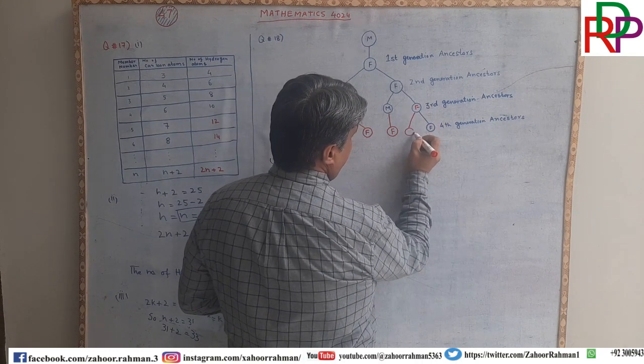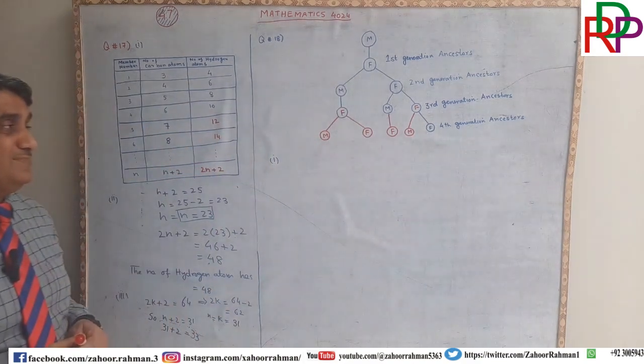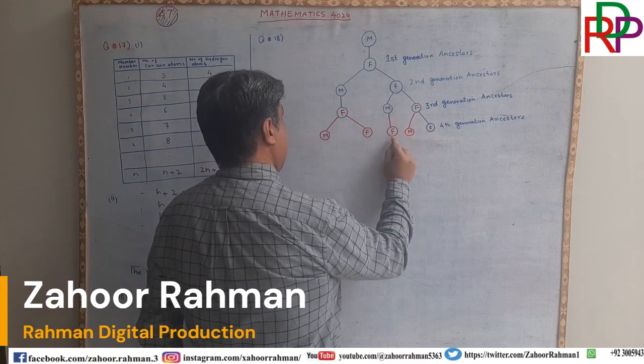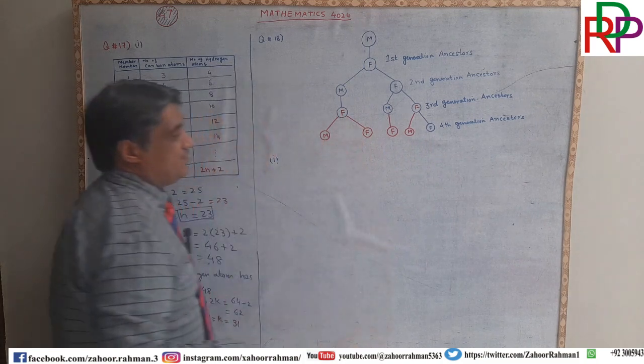This F will also have M and F. And this M is only one parent, this F is having two parents.